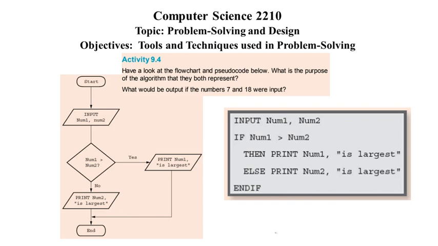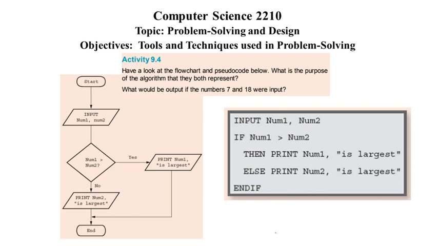Okay, and then from there, the flowchart will go to the end. The program ends there. But if num1 is not greater than num2, we will go to the no step, and then we will be printing that num2 is largest.